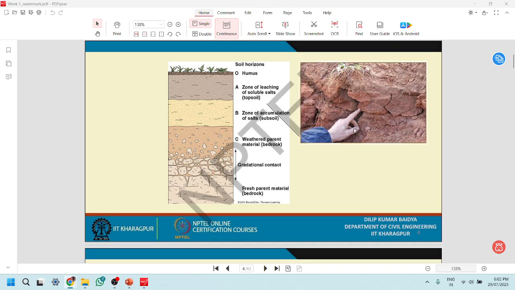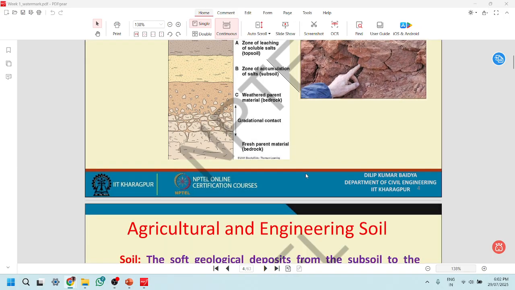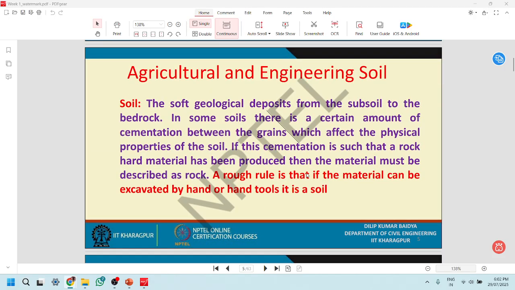Basically, when we go into the technical field, we are more about quantification of the processes, while when we are talking about soil science, it is more or less qualitative, less quantitative, less rigorous.